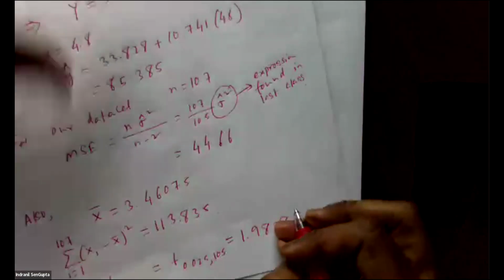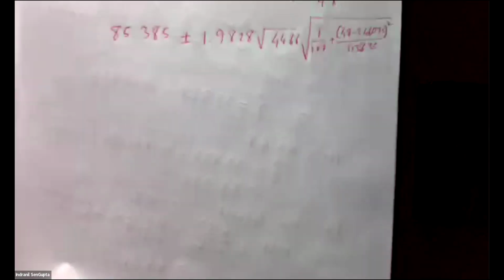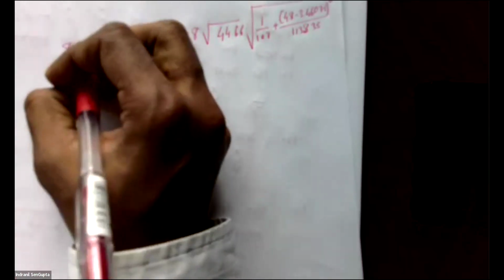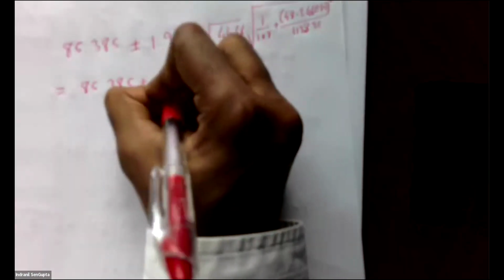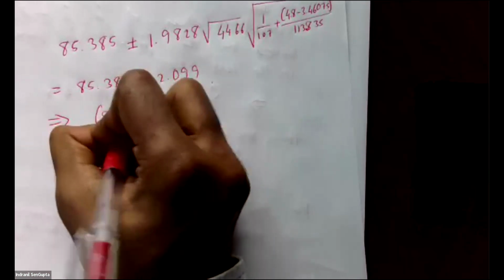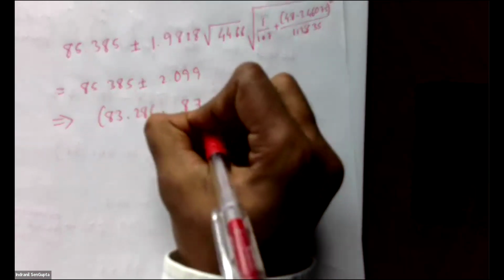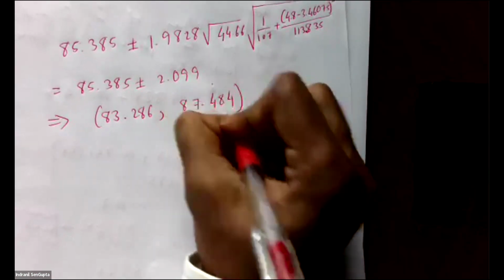This number, 113.835. If you compute this, you'll get 85.385 plus or minus 2.099, which is 83.286 to 87.484.